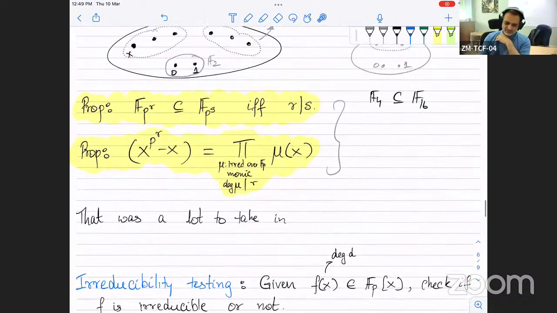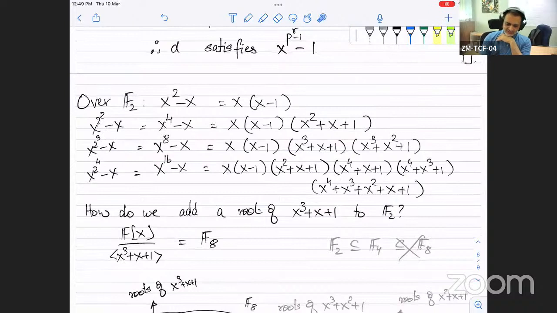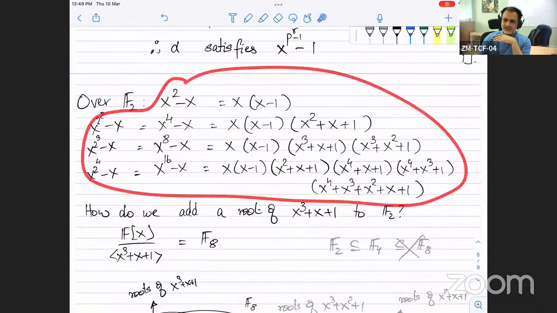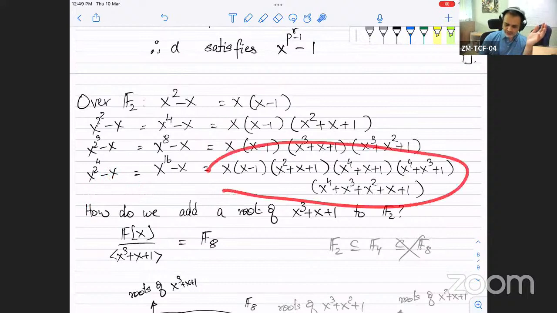Okay, so let's go back to those things. These are the sort of polynomials that I know are present here. So this involves all irreducible polynomials of degree 1 and 2. This involves all irreducible polynomials of degree 1 and 3, etc. So if mu is a polynomial of degree d by 2, and if I consider x power p power d by 2 minus x, mu will show up on the right hand side.